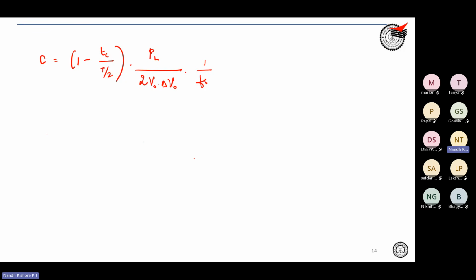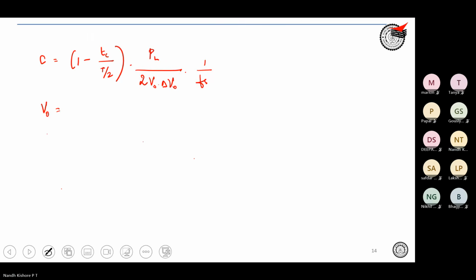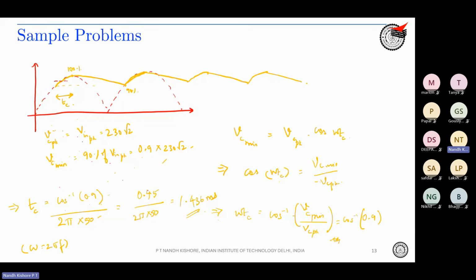So what is the average voltage across a capacitor? What is V naught? V naught is somewhere in between, this is the average value for V naught.